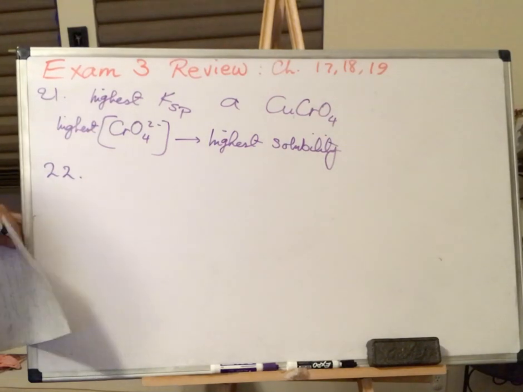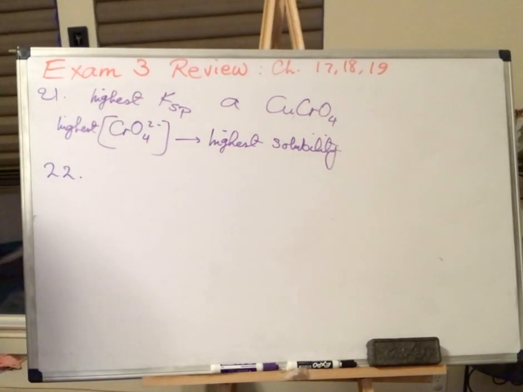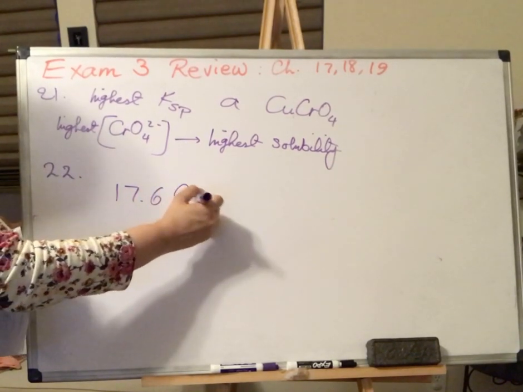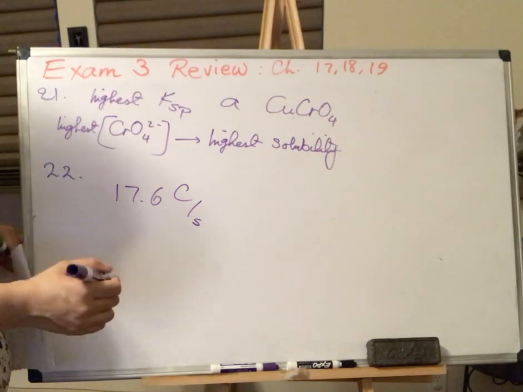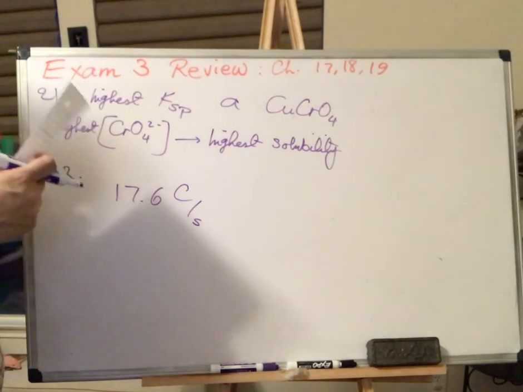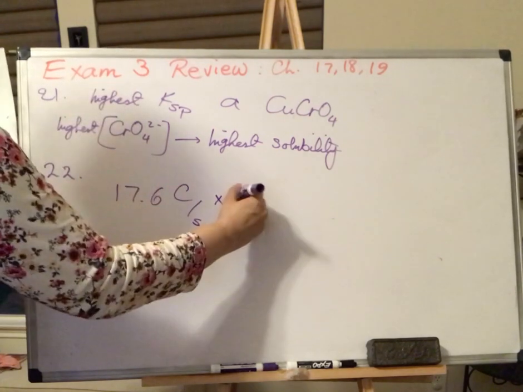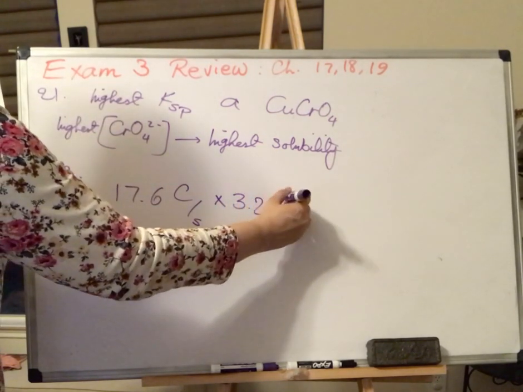Okay, question number 22. How many moles of electrons are produced from the current of 17.6 coulombs per second in 3.20 hours? So we have 3.20 hours.